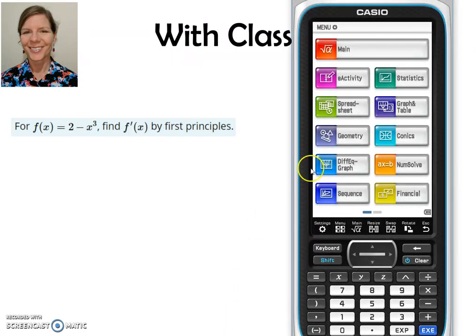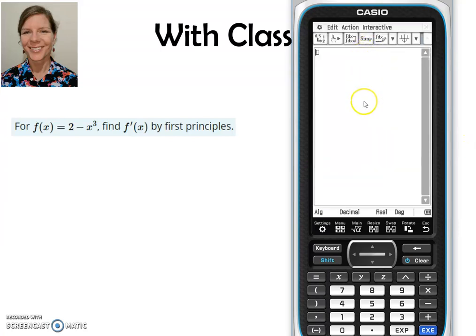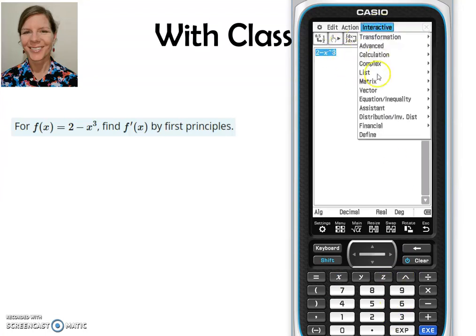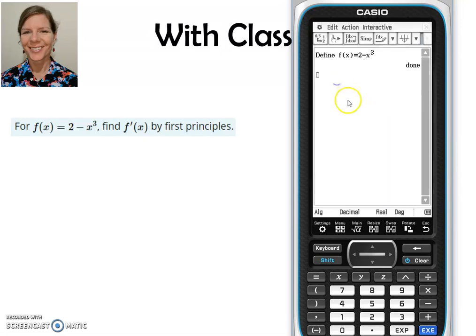The first one is you can actually do the limit, do the working out through first principles if you really want to. So we can define our function as 2 minus x cubed. Okay, and if we define that, cool. And now we can actually do the limit. So if you go to keyboard, I think it's keyboard 2, math 2.